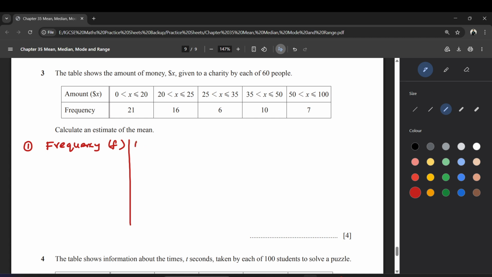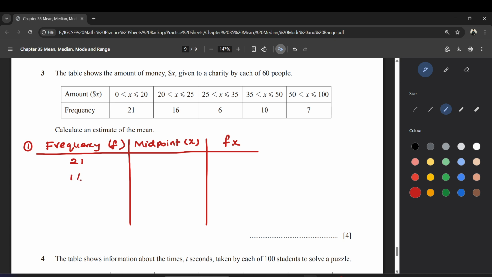Then we have midpoint. Okay, and then we are going to have fx. So let me draw the straight line. All right, so the frequency values are given to you.